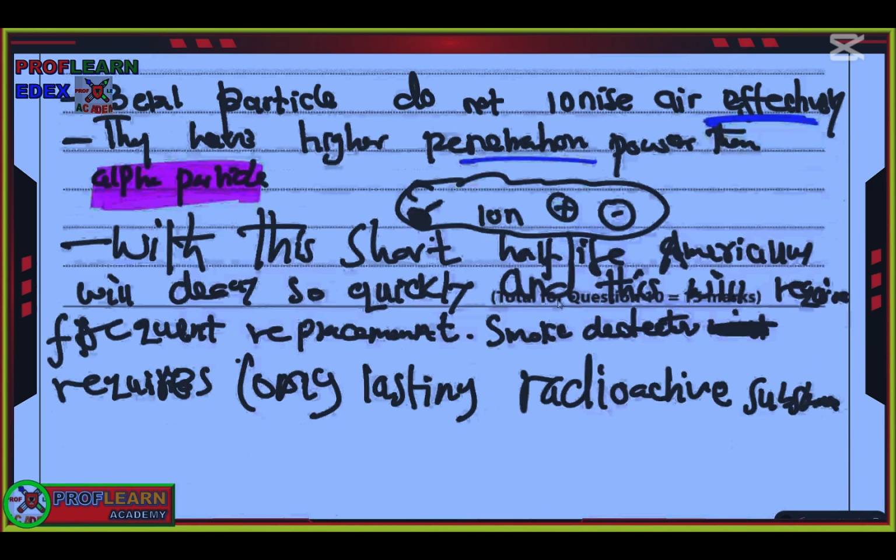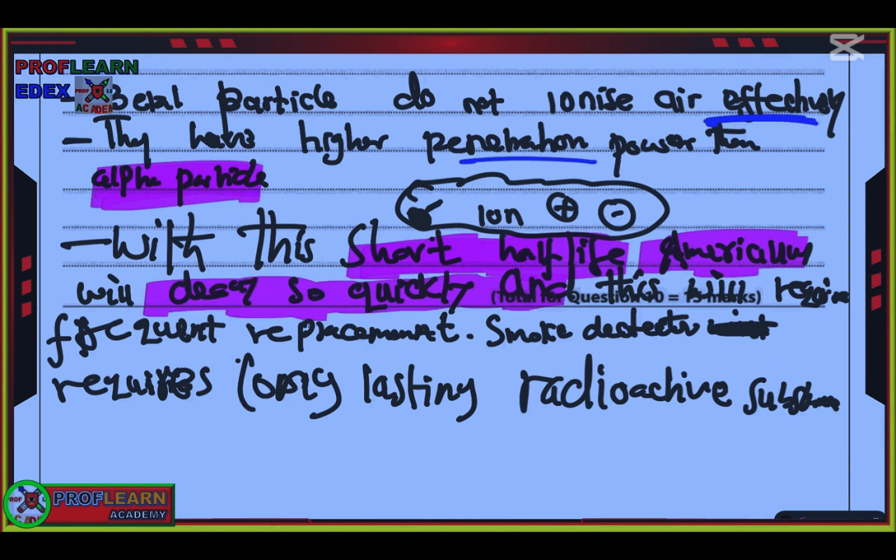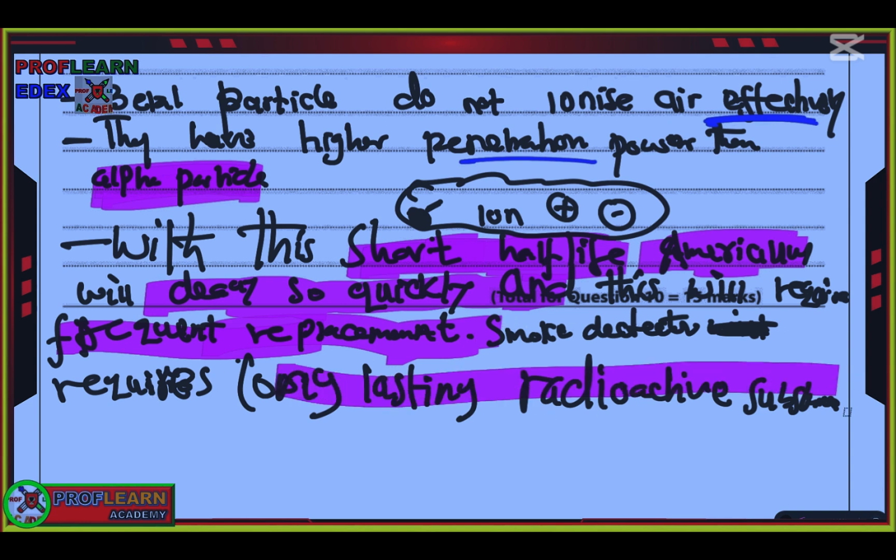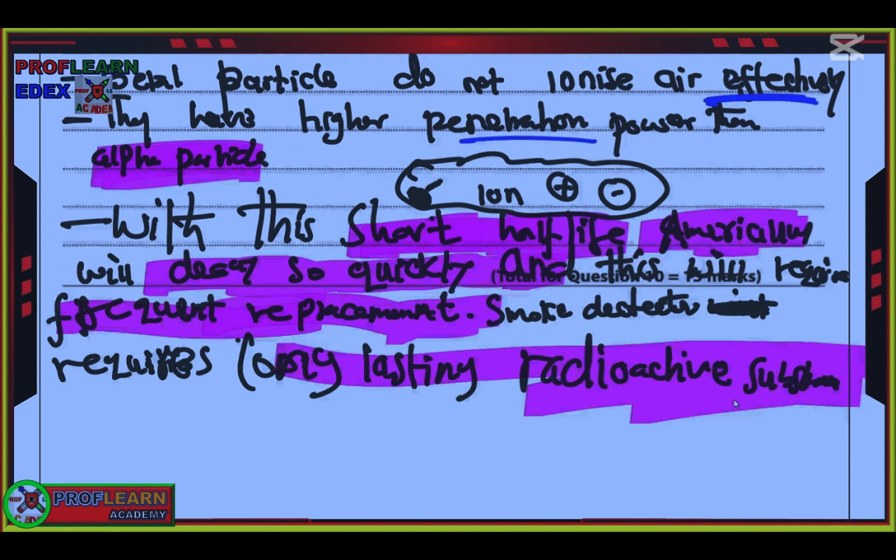Now we can say from there, with this short half-life, americium will decay so quickly, so that will require frequent replacement. And now this one will be a disadvantage, because smoke detectors require a long-lasting radioactive substance. Otherwise, you'll be having a smoke detector that is useless.